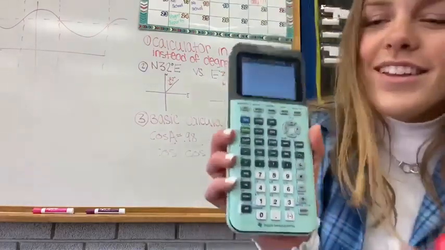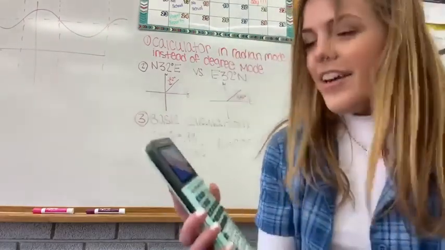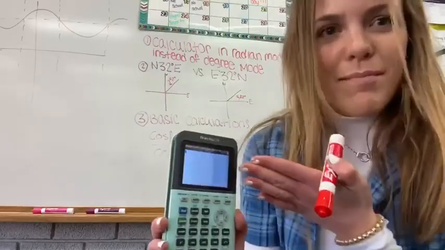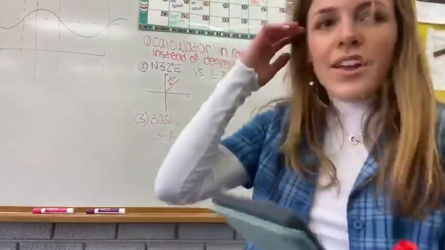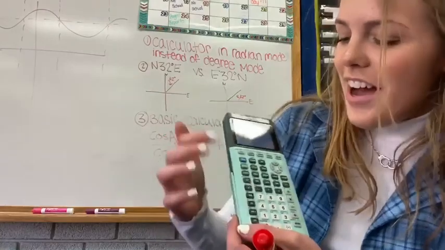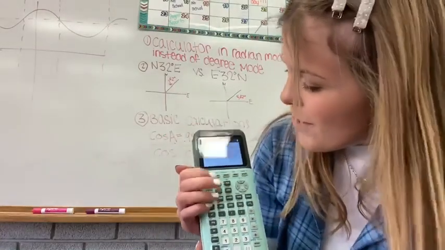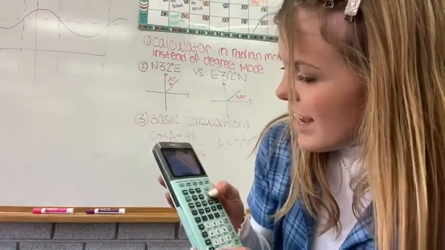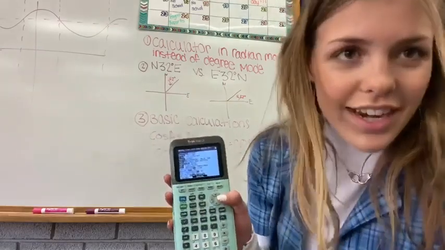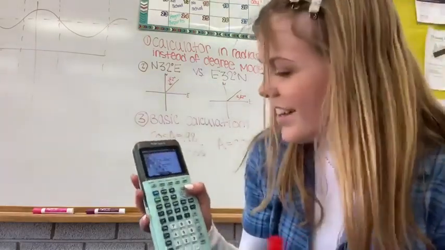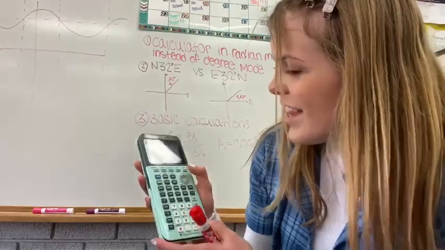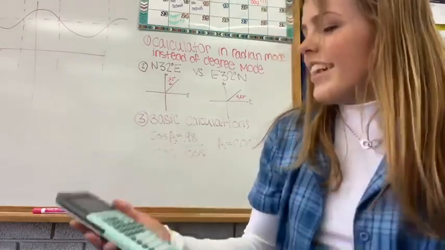You go on your lovely graphing calculator, not sponsored by Texas Instruments. You're gonna turn it on, and then you're gonna go to mode, and you're gonna go down, and you will see that radian is highlighted. It should not be highlighted. So go to degree and hit enter, set second quit, and you are good to go.